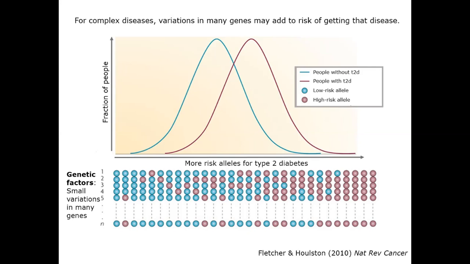So that some people with a lot of high risk alleles might have type 2 diabetes, and some people with a lot of high risk alleles don't have it. And some people with low risk allele combinations still get type 2 diabetes. So this is a much more complicated way of thinking about it, but more accurate for the kinds of diseases and conditions that are going to impact students and their families and their lives.